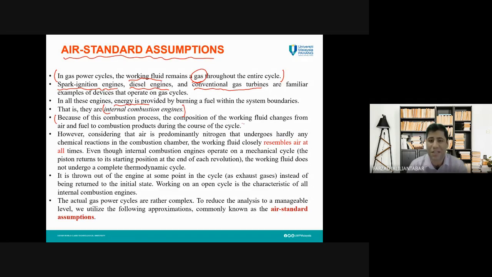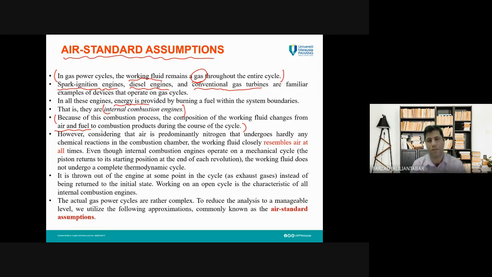And in this combustion process, we have a combination of two different types of fluid, air and fuel. So we have two different kinds of fluid which react in this cycle. So this is the first part which has a complexity.